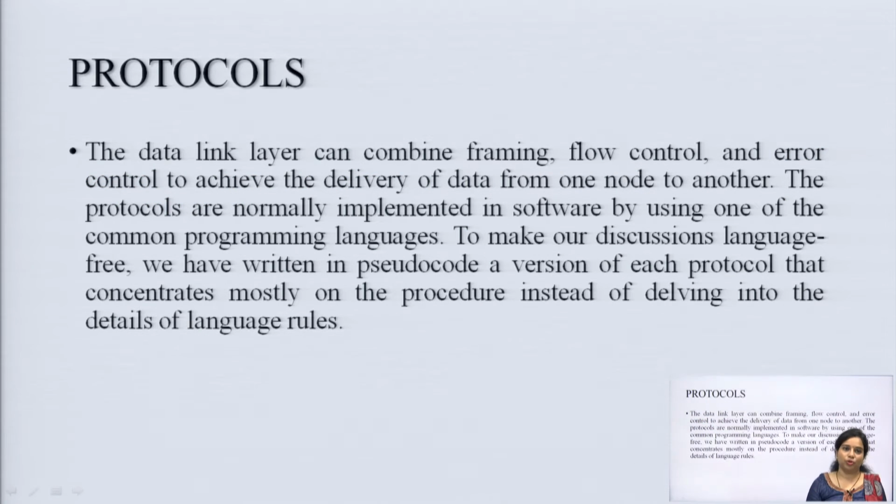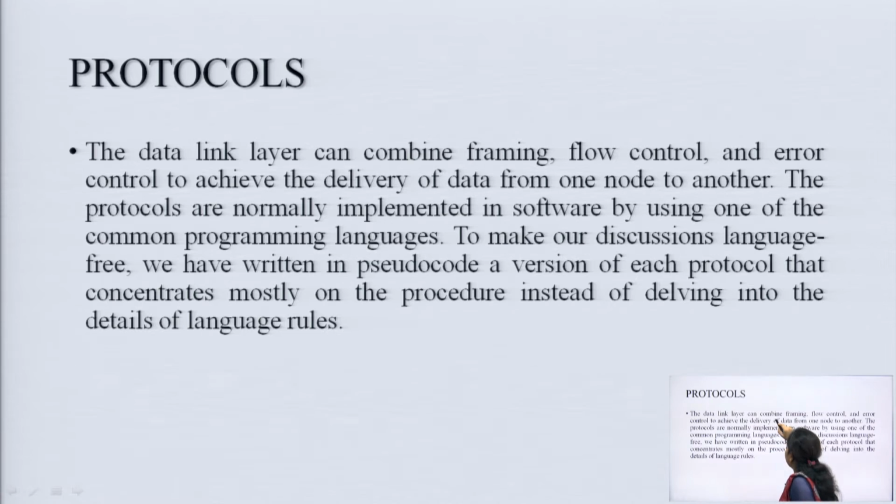Next, we will move to protocols. What are protocols? Protocols are a set of rules that have to be agreed by both the transmitter and receiver. It has to be agreed that the transmitter will transmit in a particular language, let us say French, and the receiver will also receive that information in French. So, this is the set of rules that has to be decided by both transmitter and receiver.